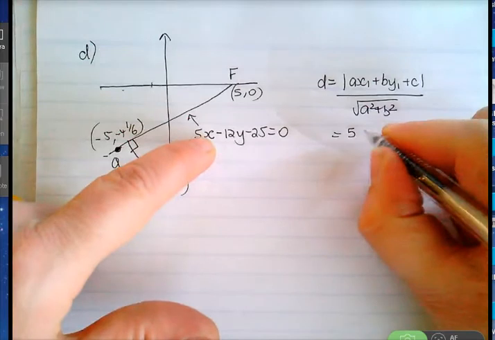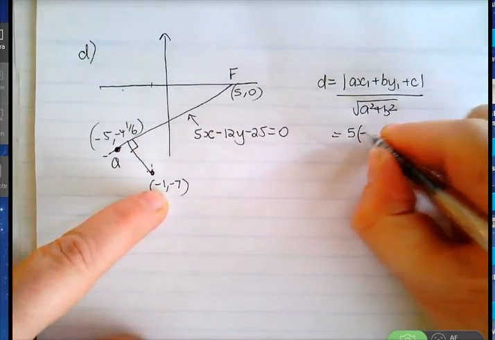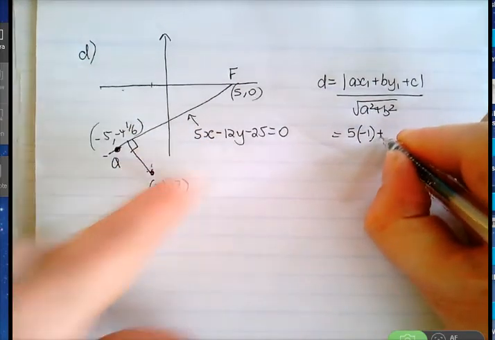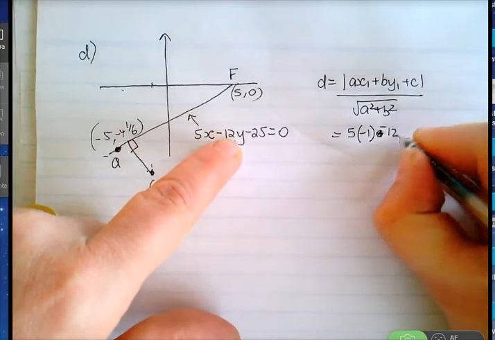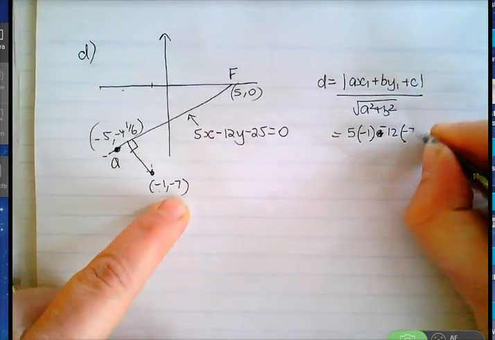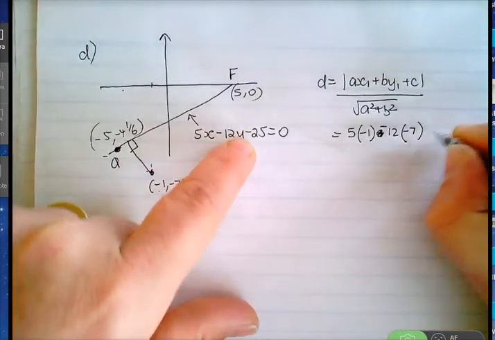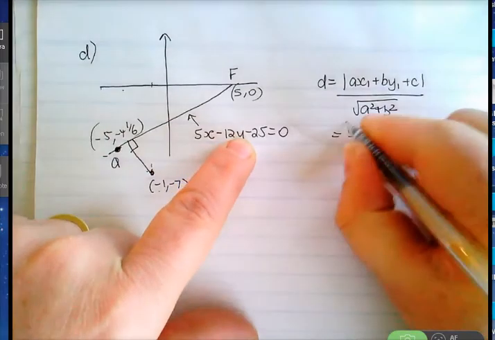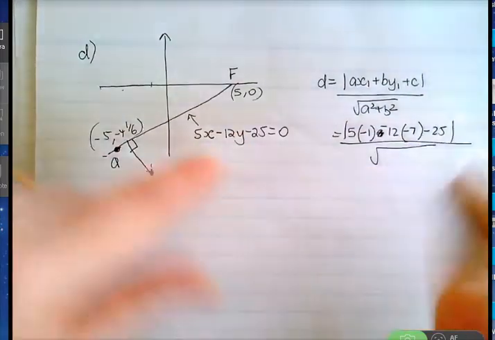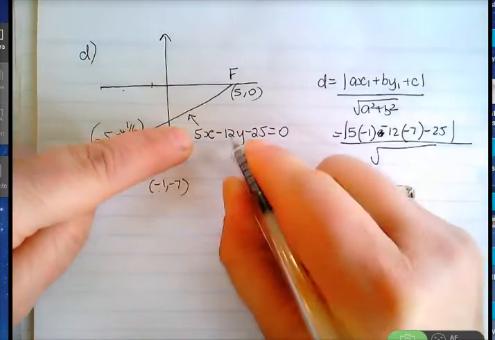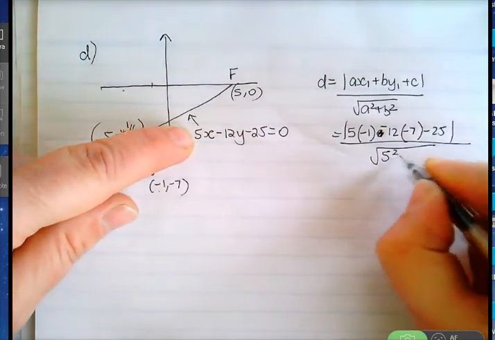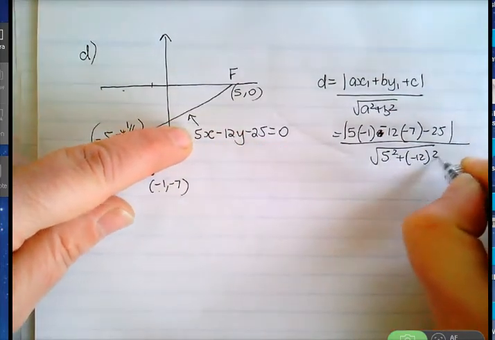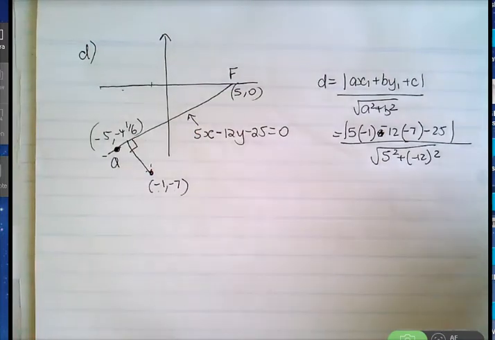So it's 5, substitute in the x value, -1 times -1, minus 12, substitute in this y value, -7, minus 25, so the absolute value of all of that over, these are a and b, so it's over 5 squared plus -12 squared. Hi, Christy.